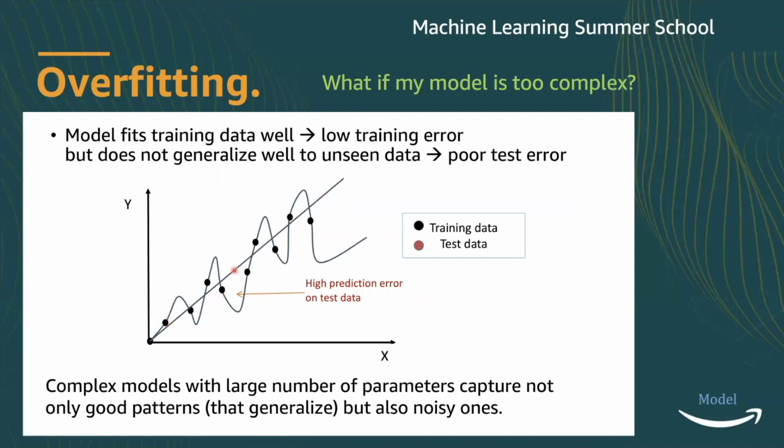And there are two models that you see. One is the straight line x equal to y, and the other is the high dimensional polynomial that literally passes through each of these black dots, or it's passing through each and every one of those points in the training data.